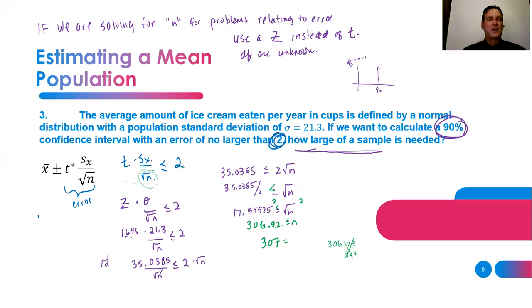The only way I can keep it under 2 is if you pick something a little bit bigger than that. If you pick something too small, like just plain 306, this becomes smaller, which means this thing gets bigger, and now you're going to get a value bigger than 2, because 306.92 is exactly 2.